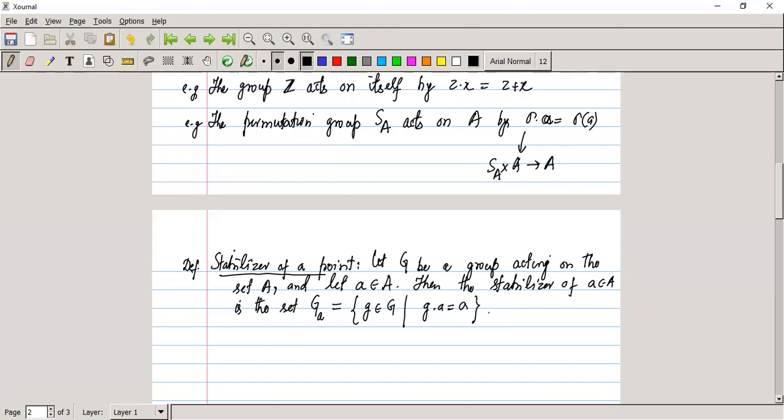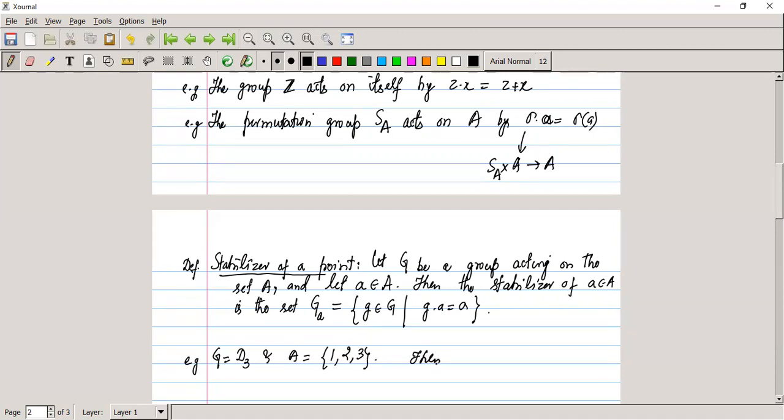So by the term stabilizer, the stabilizer of the point a, as the name suggests, is the set of those elements of G which stabilize the point a, which actually fix the point a. For example, as seen in the previous example, we had taken the group G as the group D3 and A the set with three elements 1, 2, 3.